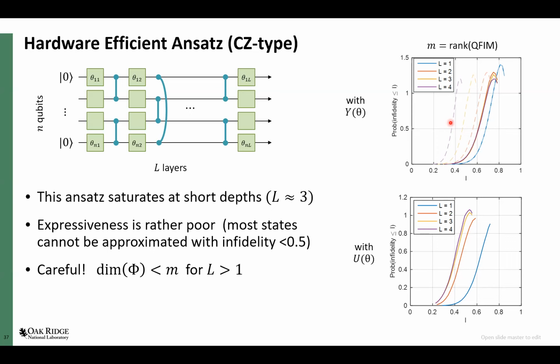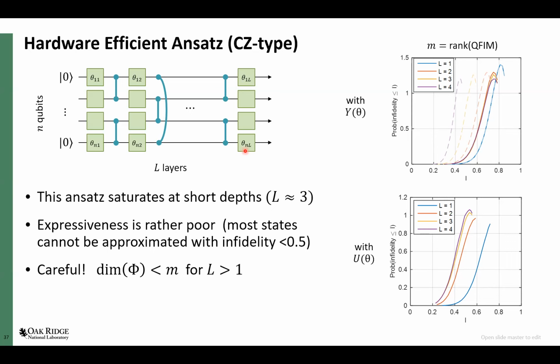But in a circuit like this, it might be that these angles are not all independent. Different combinations of them can move you in the same directions in Hilbert space. So you can look at what's called the quantum Fisher information matrix, which is sort of like the Jacobian, but it properly accounts for the fact that global phase doesn't mean anything in Hilbert space.